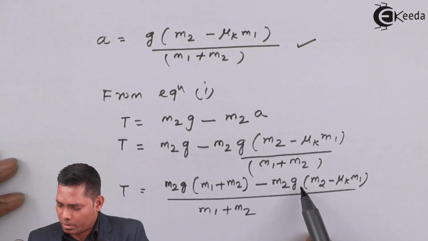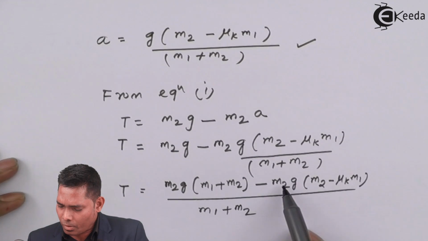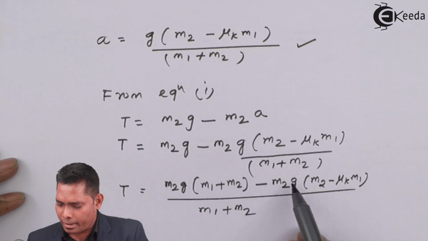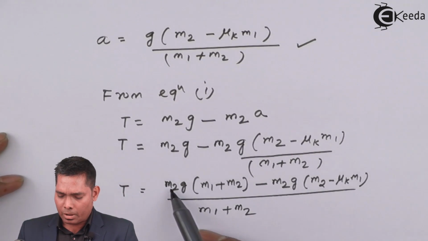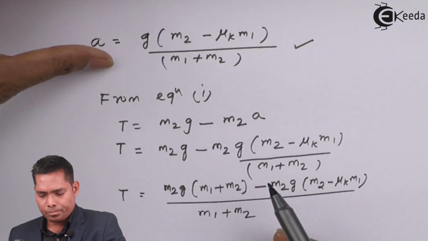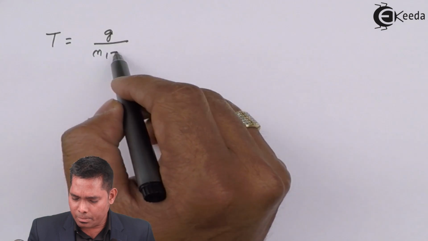So g I have to take common from these two terms, this is one term, this is another term. Then I will multiply this and open the bracket. With g being common, multiply m2 with m1 plus m2 first. So g common, down it is m1 plus m2.